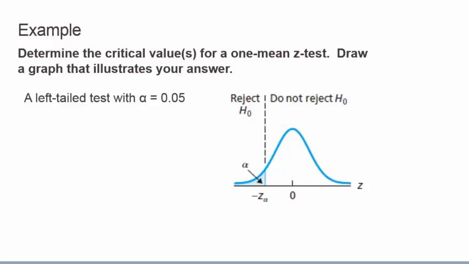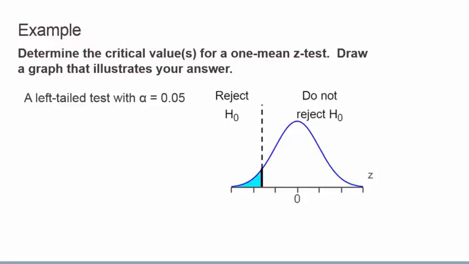The rejection region would be to the left of negative z sub alpha, and do not reject would be to the right. So let's change this drawing to reflect our example. First thing we want to do is label what we know. We know that alpha is 0.05.